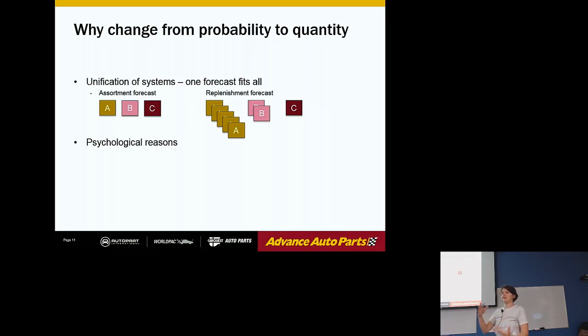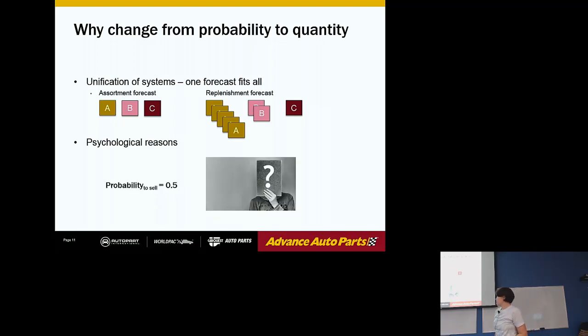Because for something you might need 2, for something you might need 5. Your probability to sell only tells you, yes, that should be at the store, or no, that should not be at the store. It does not tell you how many units you should put on the shelf. And in order to still know how many units should be there, you need to have an additional forecast, which gives you units. If you create units, you can run both your assortment and replenishment on the same forecast. So that was unification.